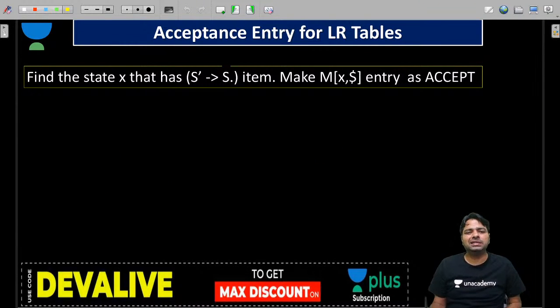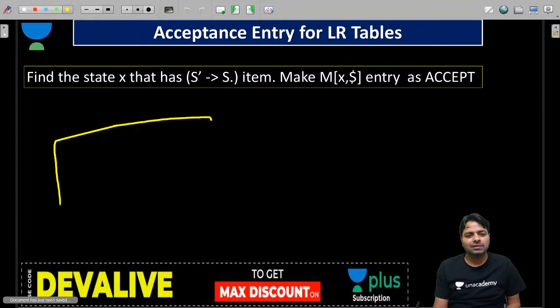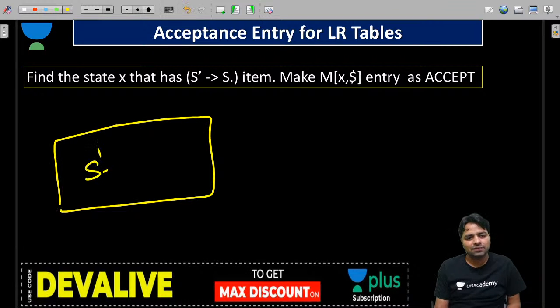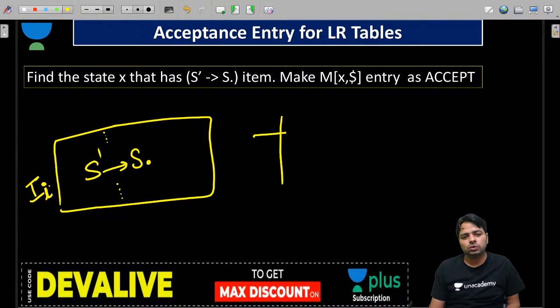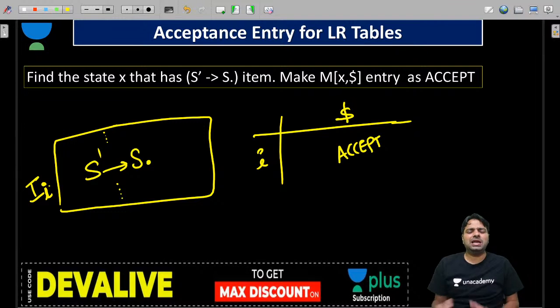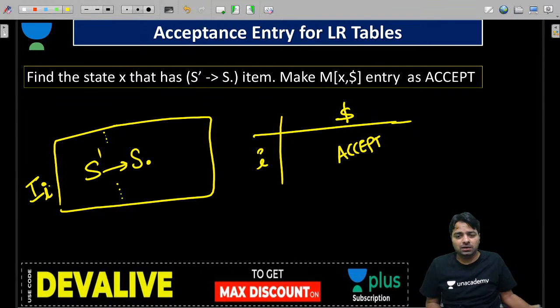And guys, the acceptance entry is the same everywhere. Suppose you have a state in which you have somewhere S' derives S dot, and others we don't care about. Assume this state's name is, let's say, I. Then you go to row I, under dollar, and you just make it accept. This is a very special entry for us in the whole table, right?